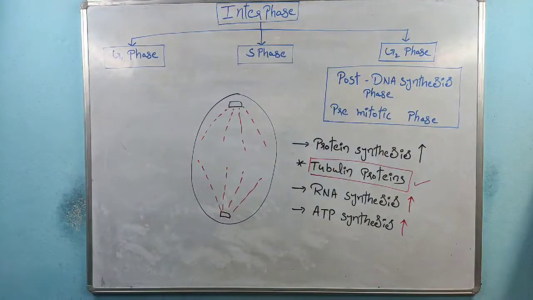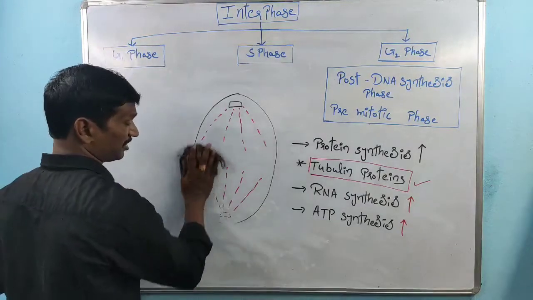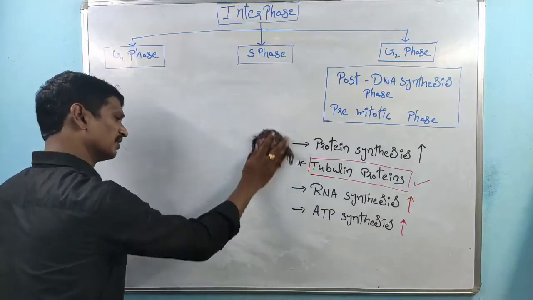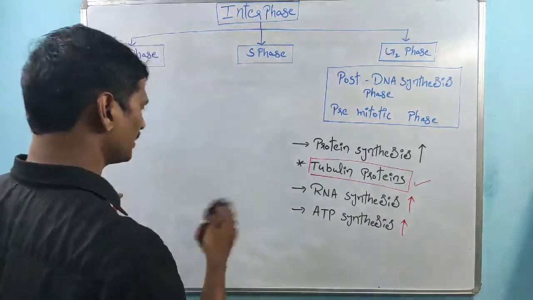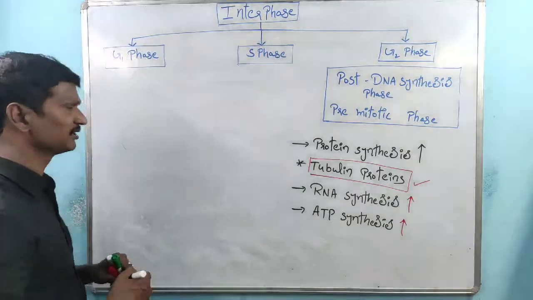And one of the important points, but the point is contradictory. In some books it is given in one way, in some books another way. I would like to discuss this point, and I'll give a clear statement.